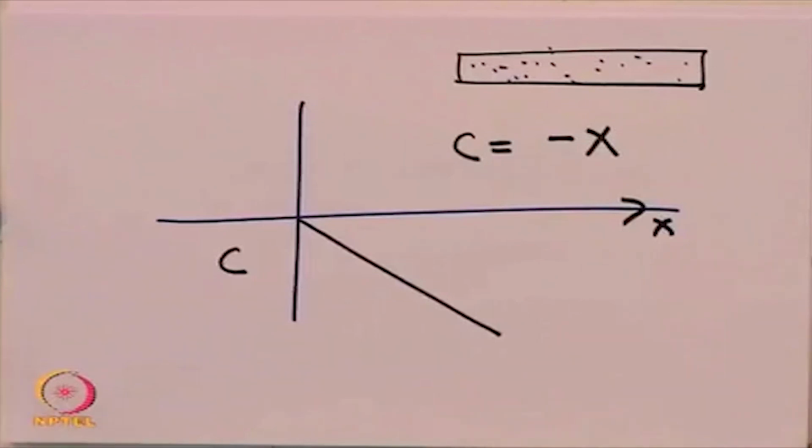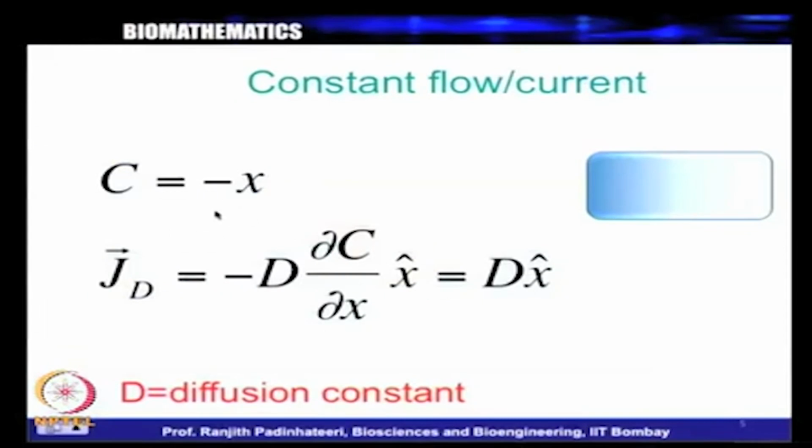If this is the case, let us have a look here. C is equal to minus x, so del C by del x is minus 1, and with the minus D, minus D del C by del x is, we know that D is just a constant. So, the current is just a constant times the direction.